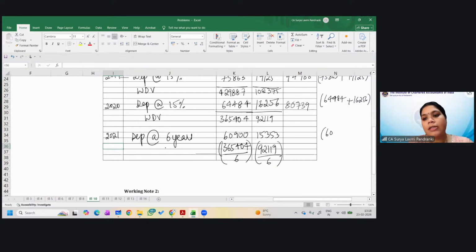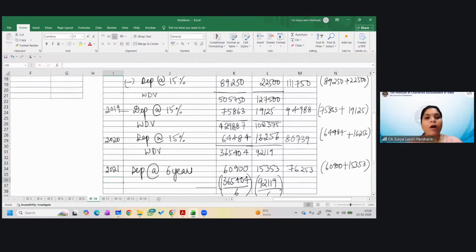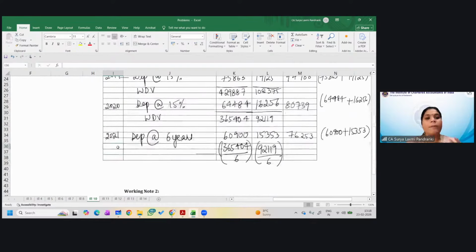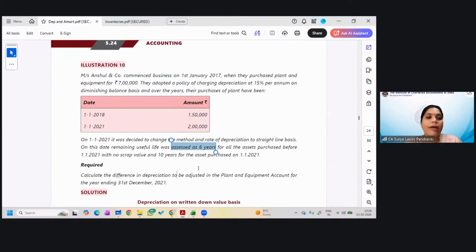What is the total? 60,900 plus 15,353, that is 76,253. I hope this is clear. Till 2020, we used WDV, calculating 15%, 15%, and so on. But from 2021, since you have changed, and they told the expected useful life is 6 years, we have divided by 6. I hope that is clear.